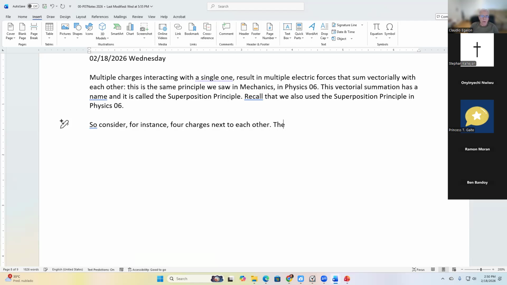The net electric force acting on charge number 1 is going to be given by the superposition principle.